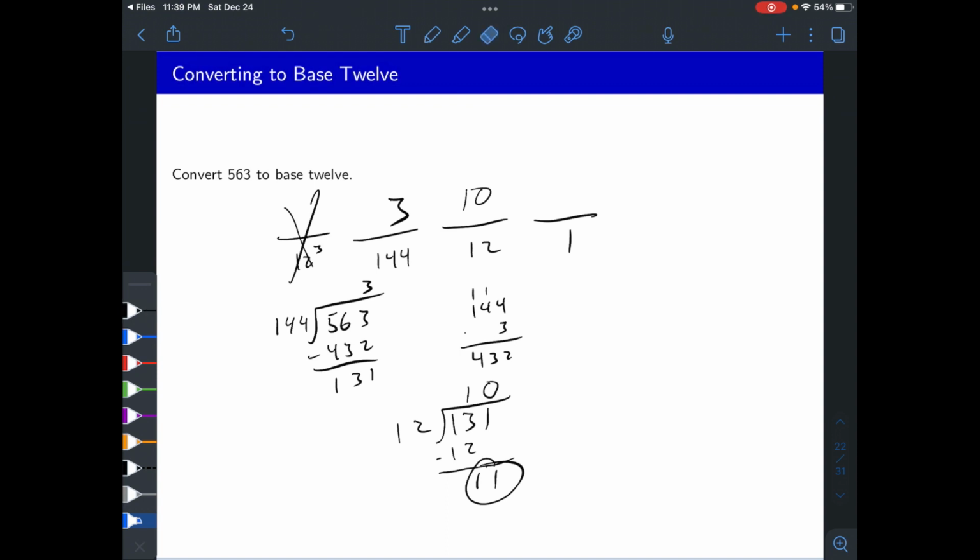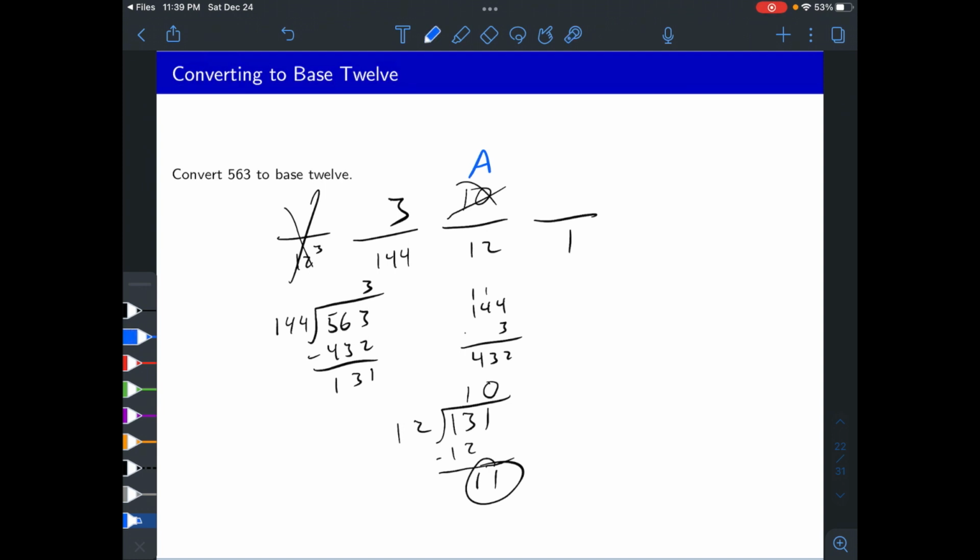So instead of using that, we should just use the letter A to represent it, I'll do it in blue to indicate it's correct, as a base 12 digit. Okay, cool. And then we have 11 left over.